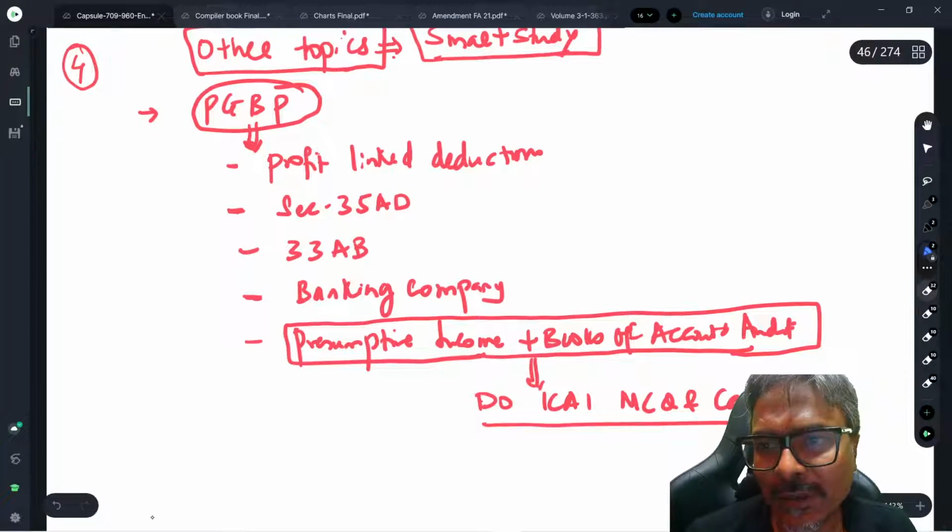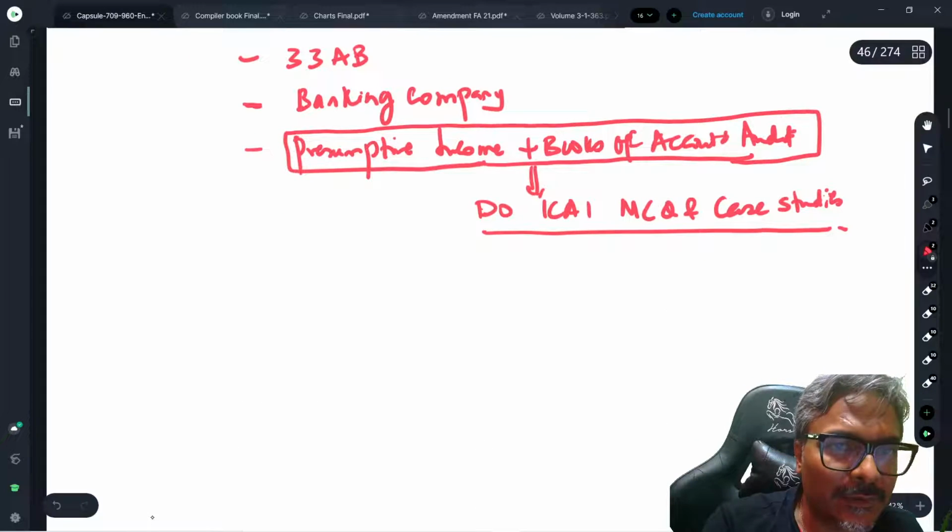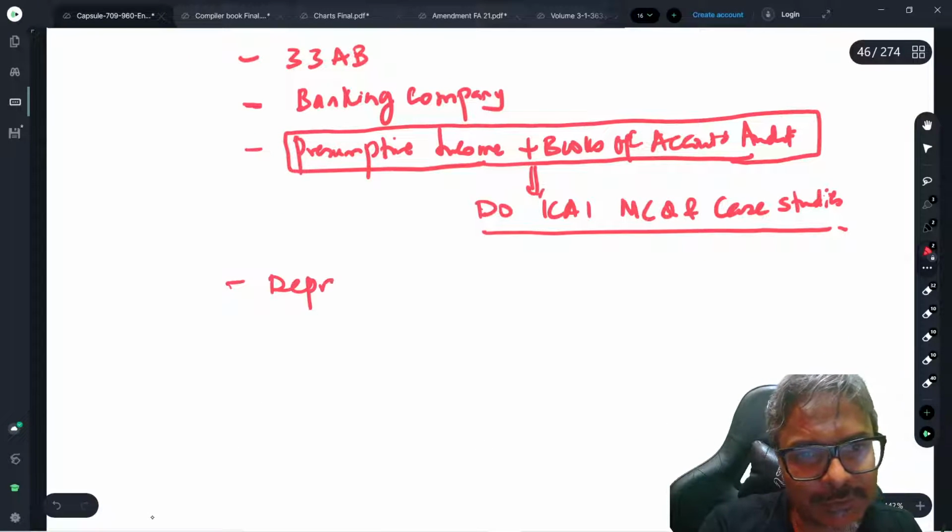Now, the most challenging area would be the depreciation.